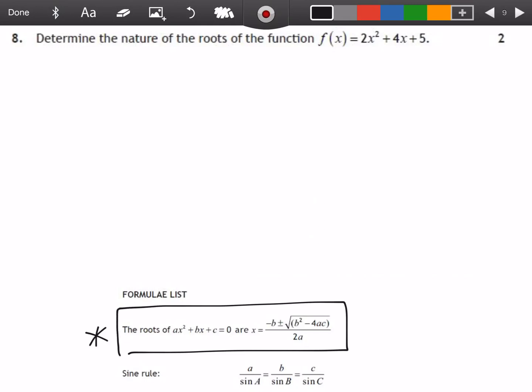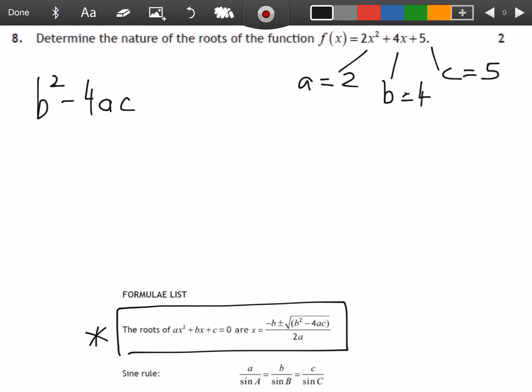Right, something to do with this here. It's the bit underneath the square root, the bit that we call the discriminant, the b squared minus 4ac. So we're using b squared minus 4ac. Now what do we do with the b squared minus 4ac? What is a, b and c? A, b and c, just like the quadratic formula, a is 2, b is 4, and c is 5.